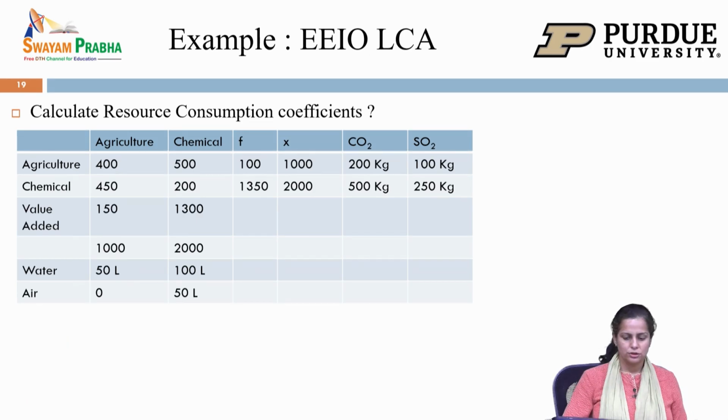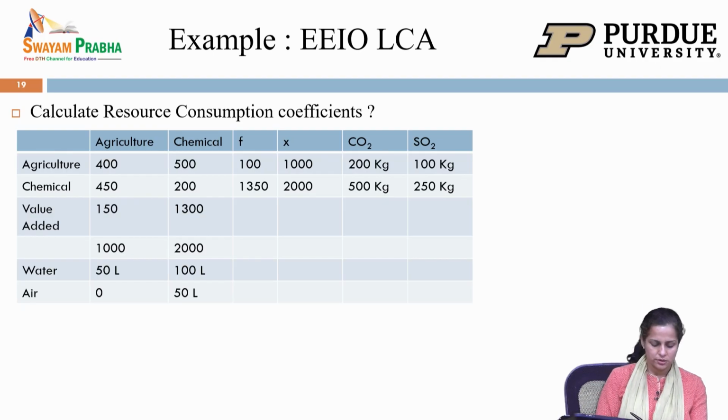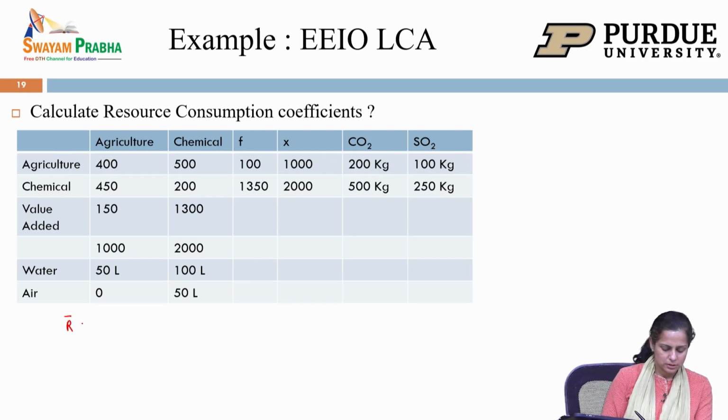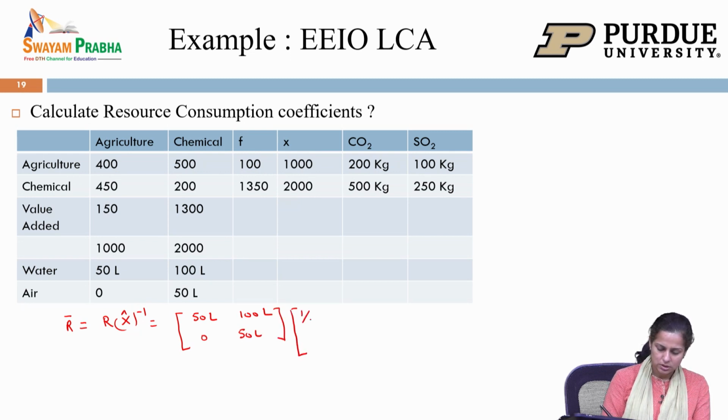So, let us look at the solution for resource consumption. Here we do not take the transpose. We just do R times X hat inverse, and our R is 50 liters of water, 100 liters of water, 0 liters of air and 50 liters of air, and our X hat inverse is 1 by 1000, 0, 0, 1 by 2000.